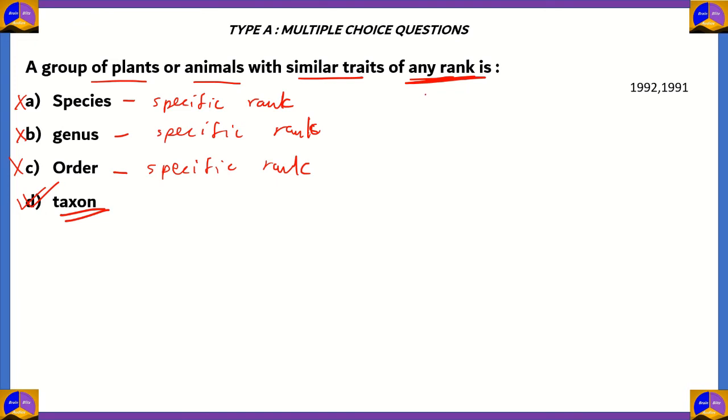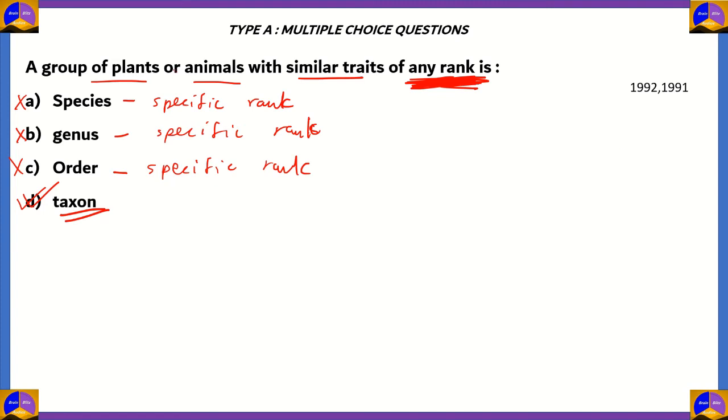The reason why is given in the question. The question is asking us to name a group of plants or animals with similar traits of any rank. So the rank can be at the kingdom level, it can be at the phylum, it can be at family, it can be at order, it can be at class, it can be at species, it can also even be at genus. So as long as the plants or animals have similar traits and they can be in any rank, they're called taxon.